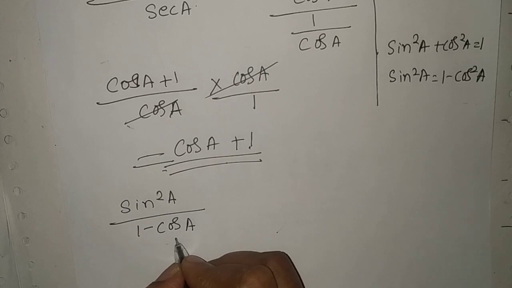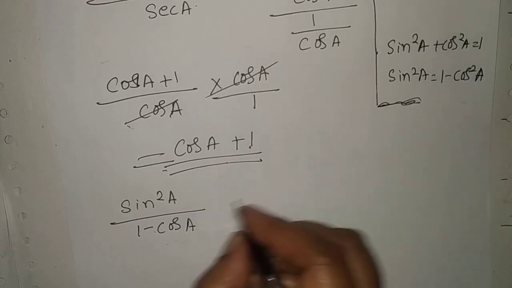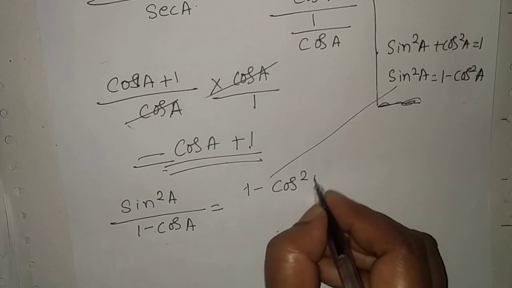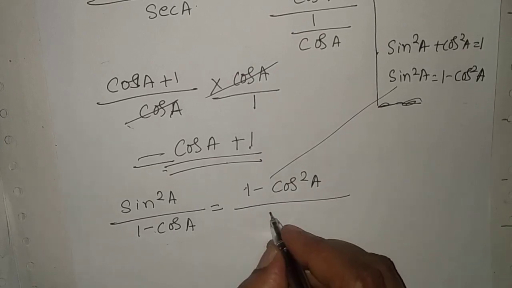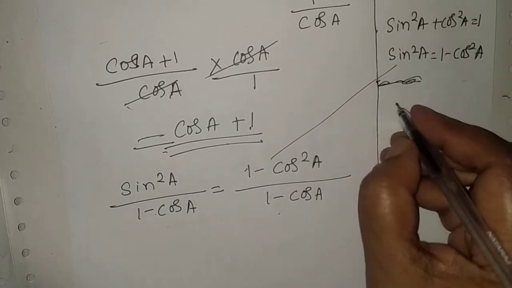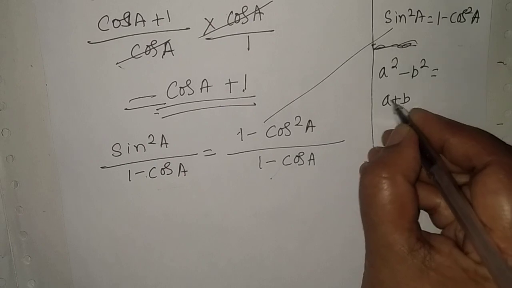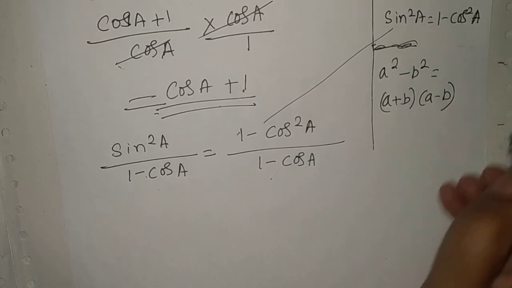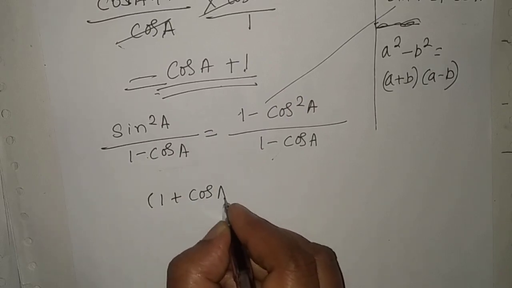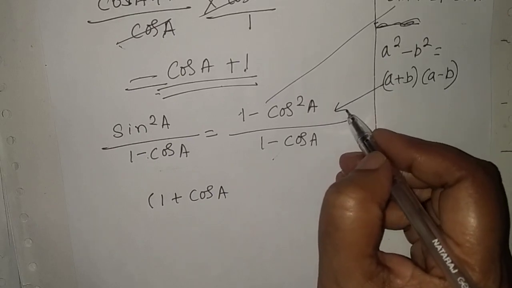We are now taking sin square by 1 minus cos A. So for sin square A, we will replace this one, that is 1 minus cos square A by 1 minus cos A. Now we can apply this, A square minus B square is equal to A plus B into A minus B. So we will apply this formula for this.